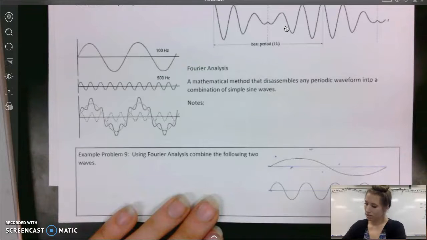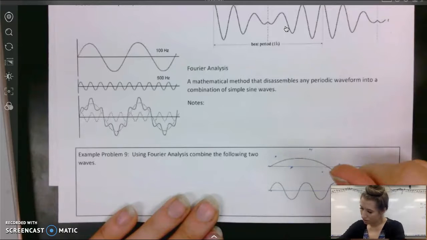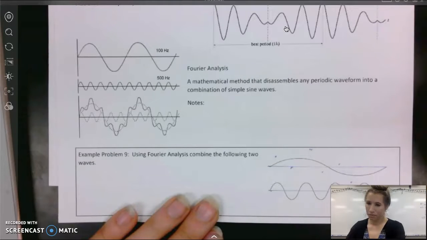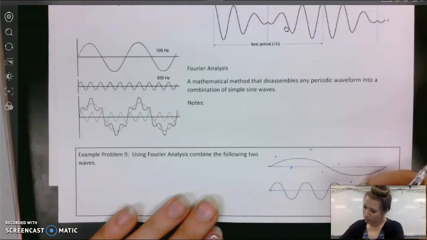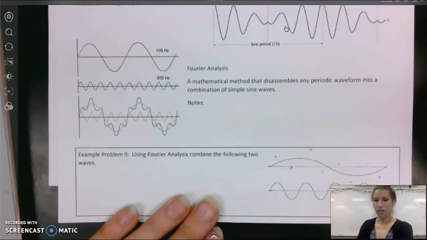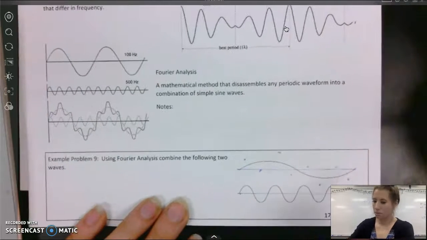Okay? And then this is below and that's below, so I'm going to add those together. Okay? And then this is above and the other one's below, and then below and below, and then they end at the origin. Okay, now that I've recognized each of my spots there, I'm going to connect my wave.